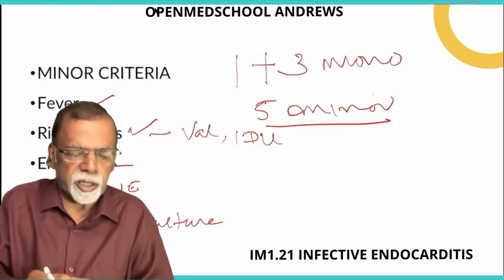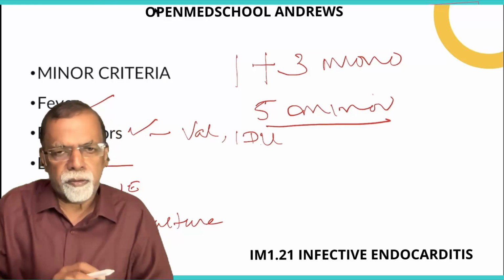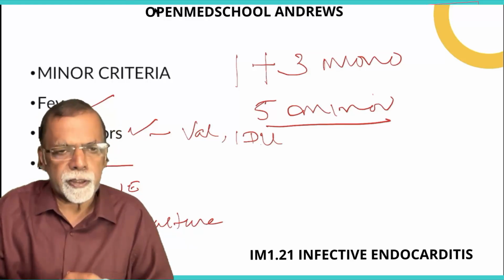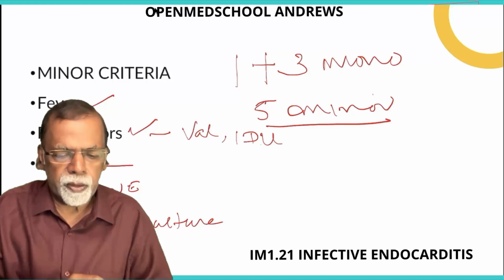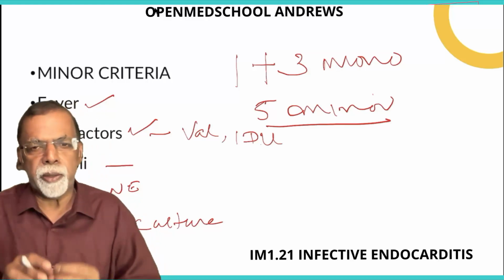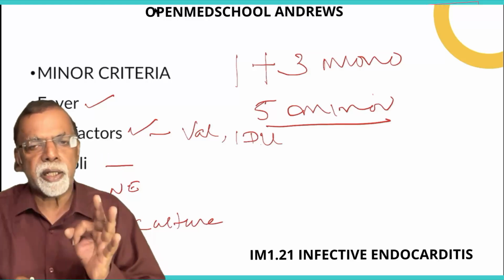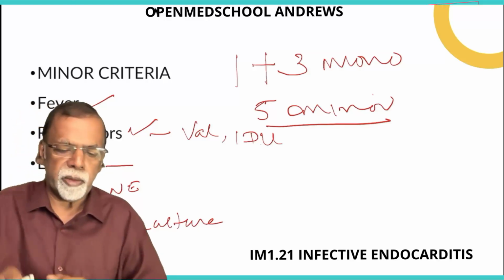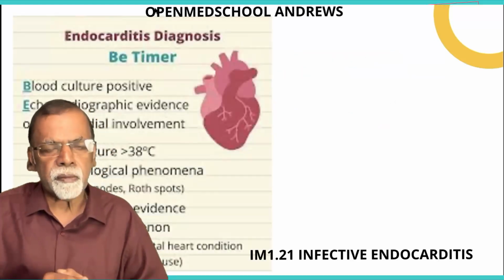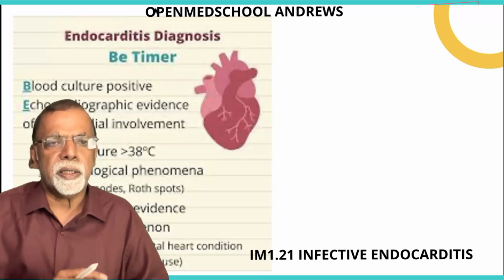We have mentioned what is typical, so these are atypical findings in the blood culture. So these are the five criteria. So how will you make a diagnosis? Two major criteria, one major plus three minor criteria, or five minor criteria. You can make a clinical diagnosis. Then this is the diagnosis of endocarditis.